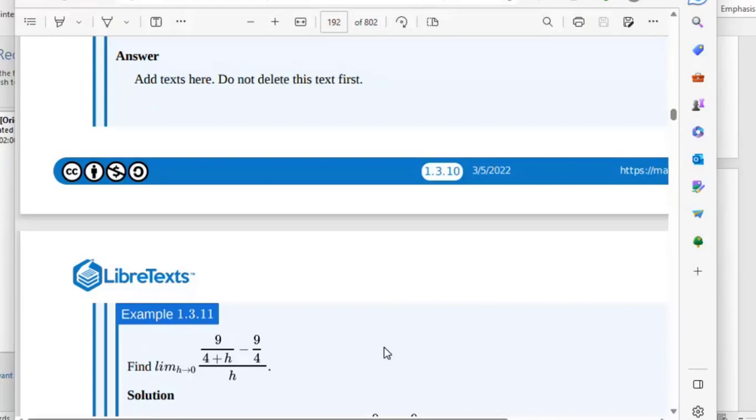A few weeks back, we dealt with an expression almost similar to this. Do you still remember? Yes, sir. Okay.